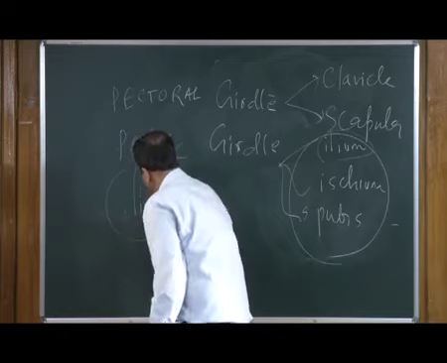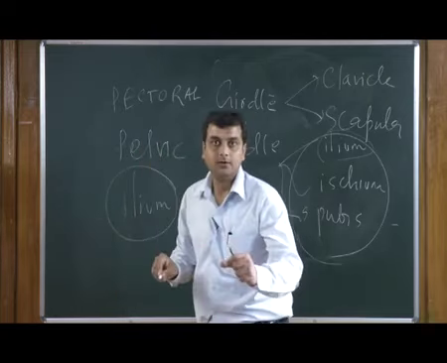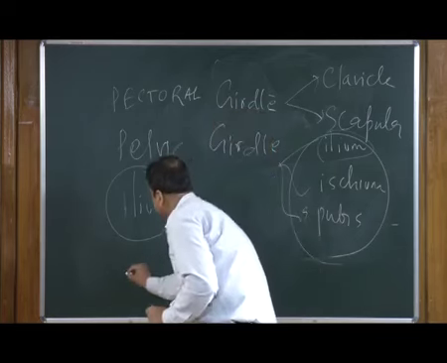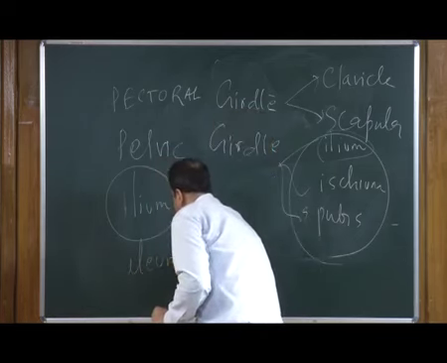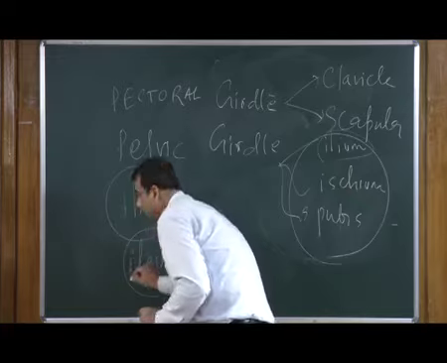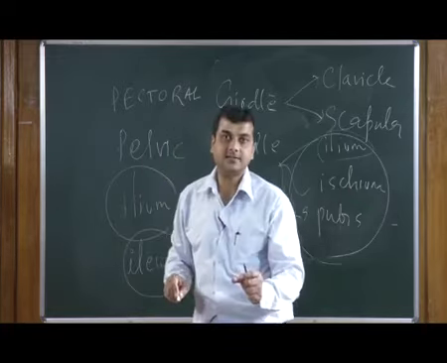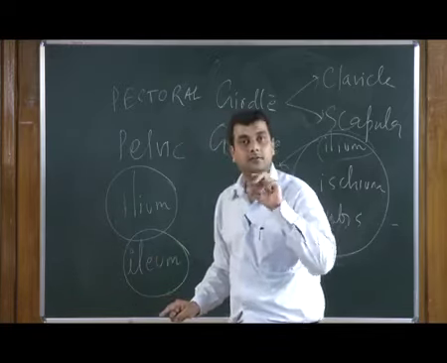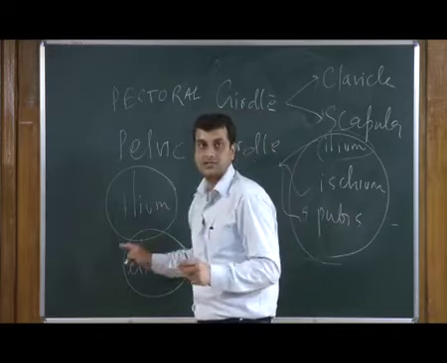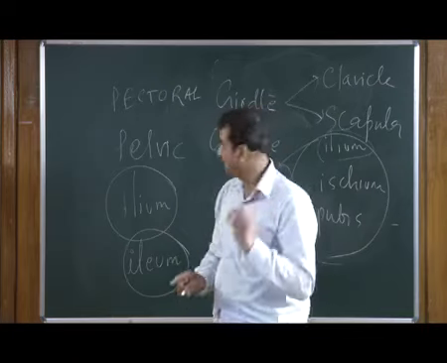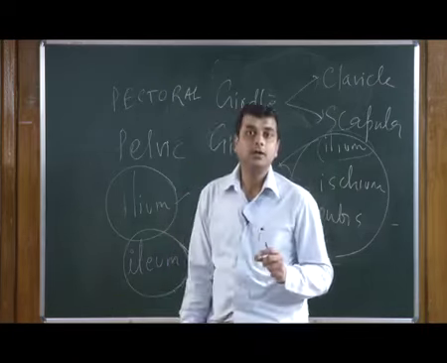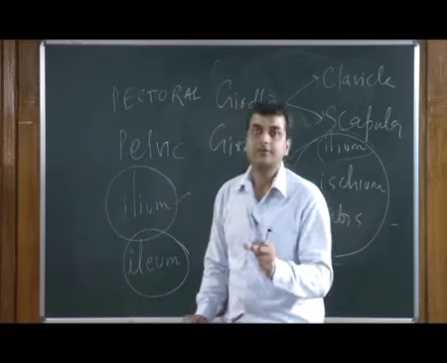This ilium is a bone in the pelvic girdle. If you change the spelling, ileum, this ileum is part of the small intestine. So the small intestine part should not be confused with the bony structure in the pelvic girdle. So this is ilium, this is also ileum, but here it is I-L-E-U-M, this is a part of the small intestine.